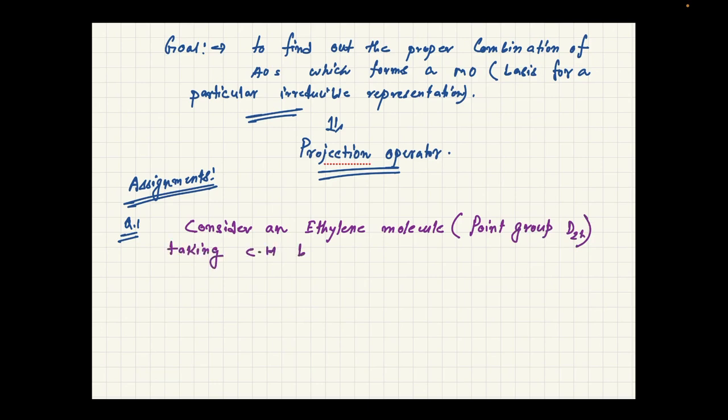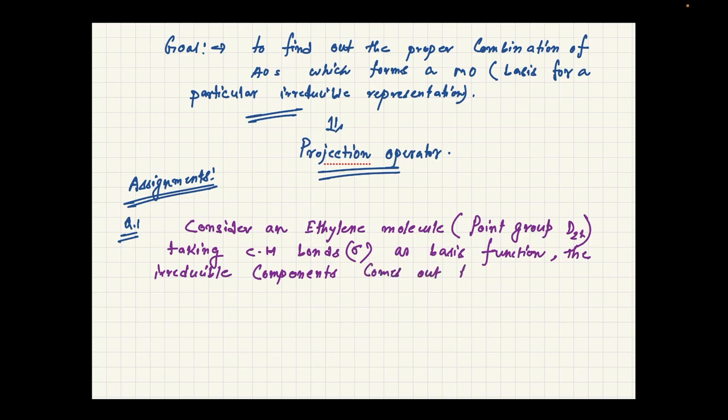Taking CH sigma bonds as basis function, the irreducible components come out to be Ag plus B1G plus B2U plus B3U.